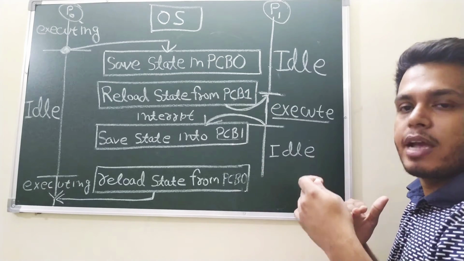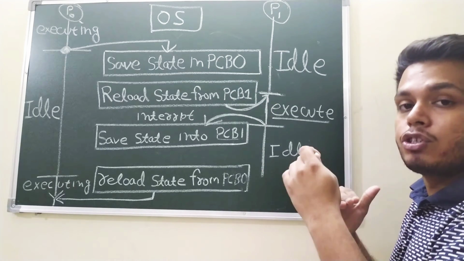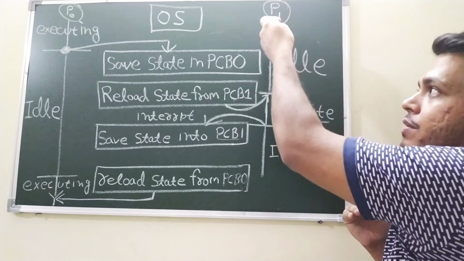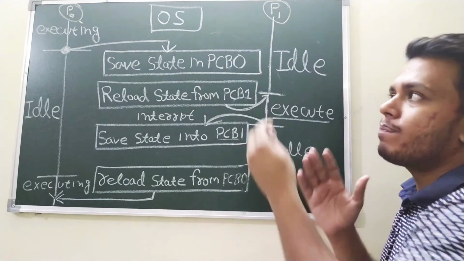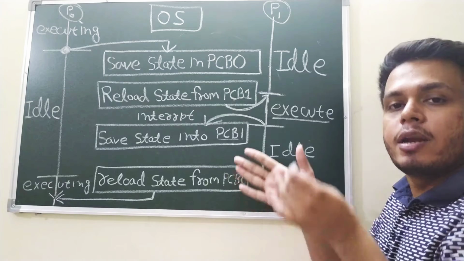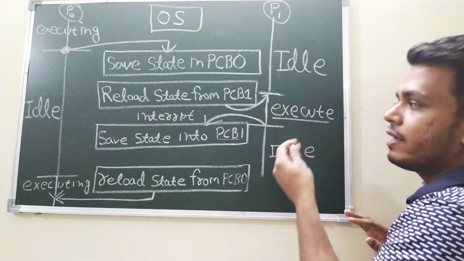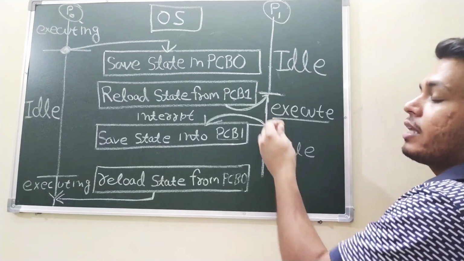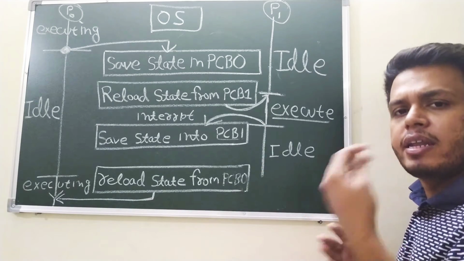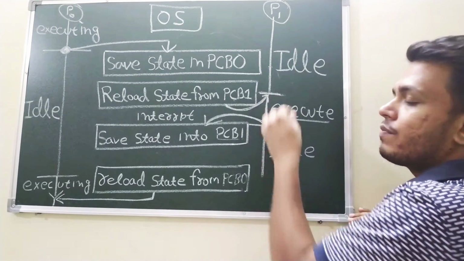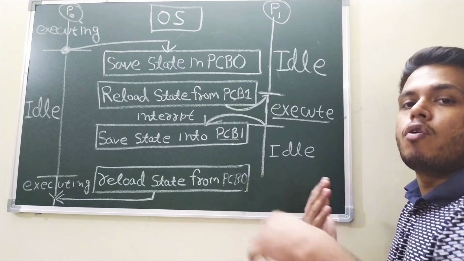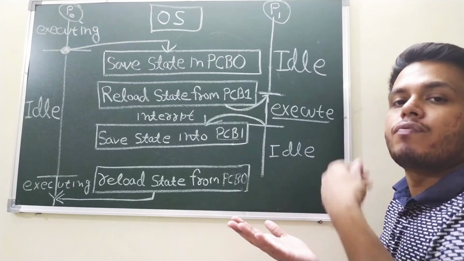So the CPU starts executing process P1. After some time, as the CPU is executing which process? P1. For example, P0 has gone for input output. There is a P1 which is executing currently, and at some moment another interrupt occurs, any interrupt, and the CPU cannot go further with P1, cannot execute further.